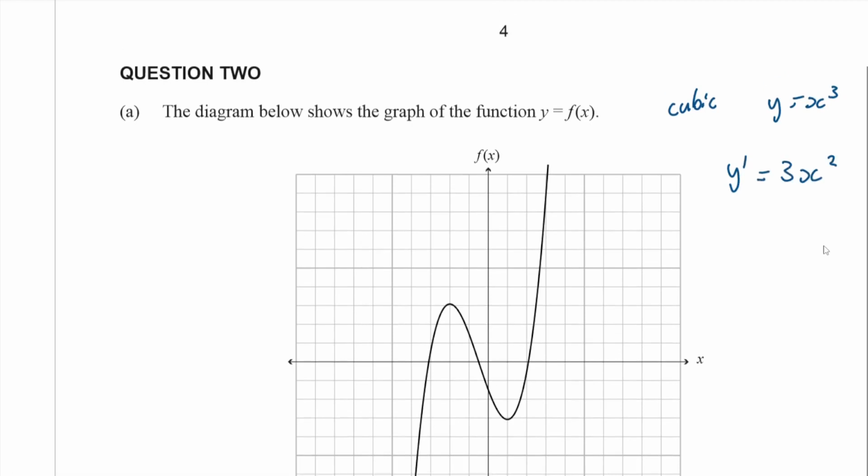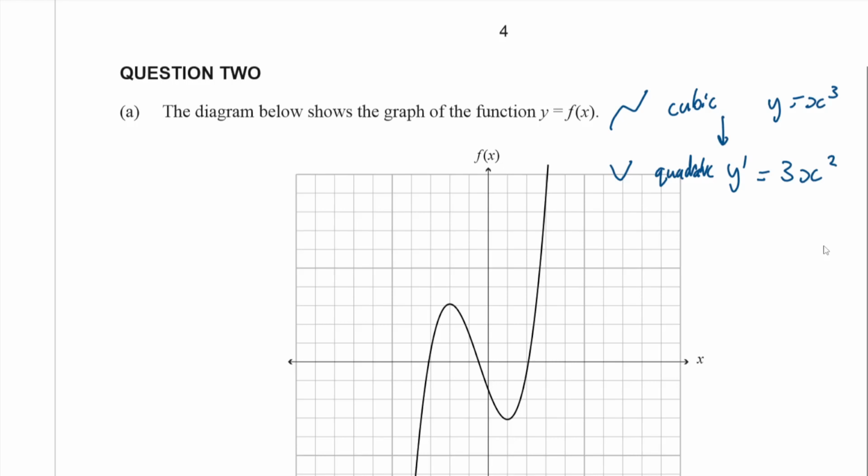Alright, we take the power 3, multiply it out the front, and then subtract 1 off the power. So we expect the derivative to be a quadratic. Right, so it starts at a cubic and goes to a quadratic. Cubic to quadratic. Great. So we know our shape is going to be a parabola.